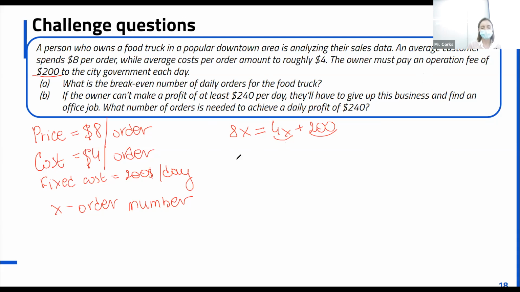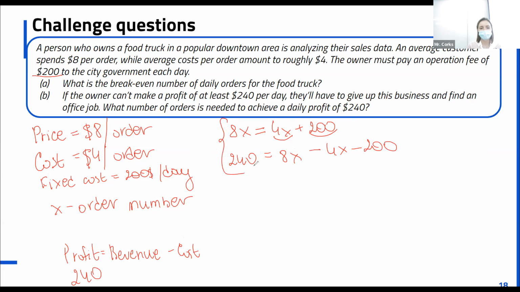So profit equals revenue minus costs, so the actual money you have after paying all your fees. So our profit should be 240. Let's see, 240 equals revenue, which is 8x, minus costs, which we have here.